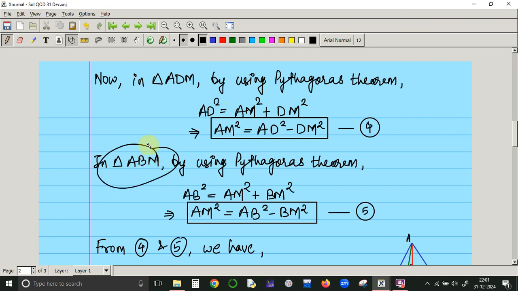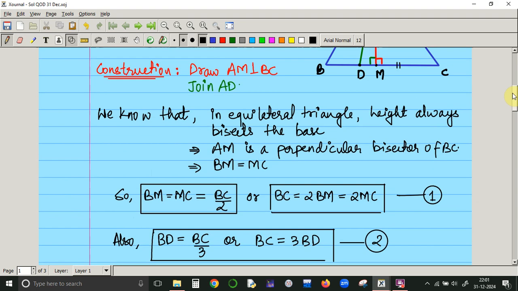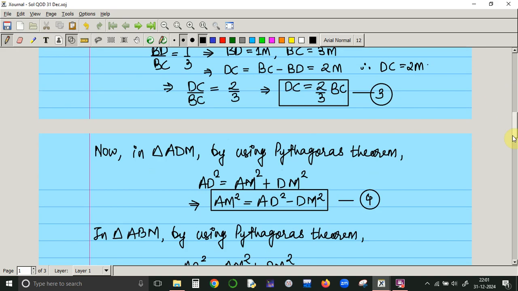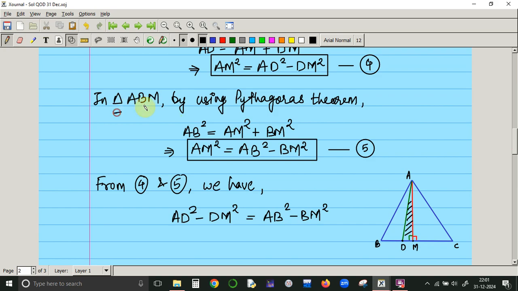Same thing I'm going to do in triangle ABM. AB is my hypotenuse, AM and BM are the two sides. So in triangle ABM, by using Pythagoras theorem, hypotenuse AB square is equal to the sum of squares of the other two sides, AM and BM.